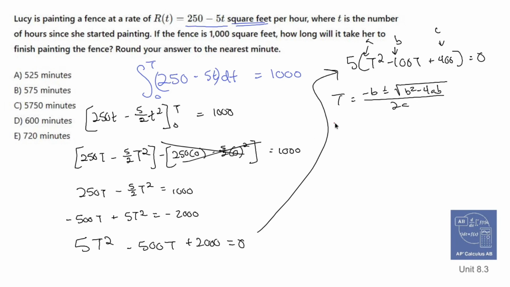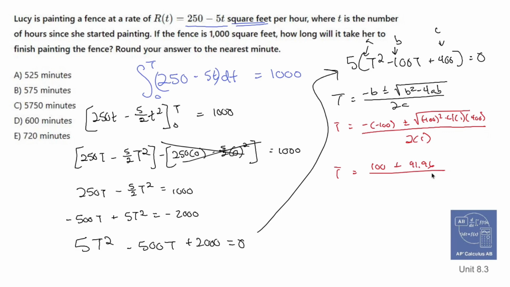So t equals negative negative 100 plus or minus the square root of negative 100 squared minus 4 times 1 times 400, all over 2 times 1. I'm just jumping straight to a calculator and find out that the square root ended up being 91.96, all over 2.